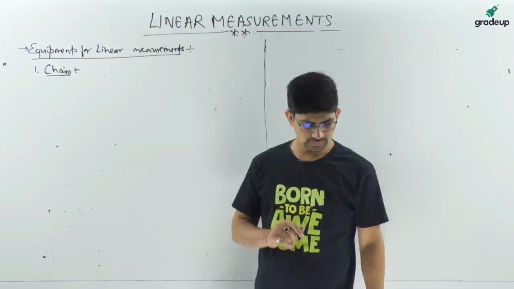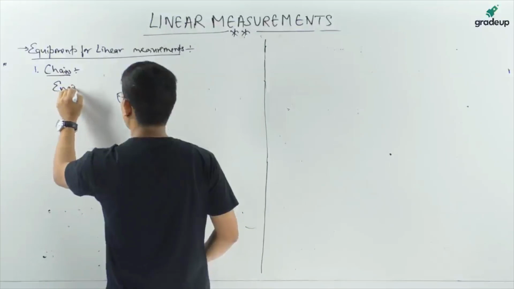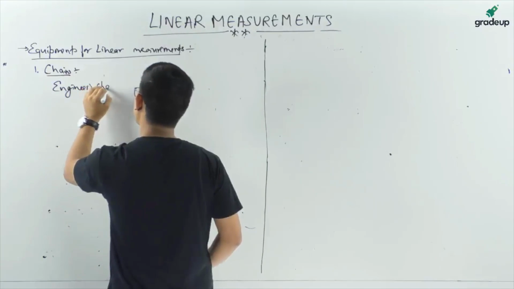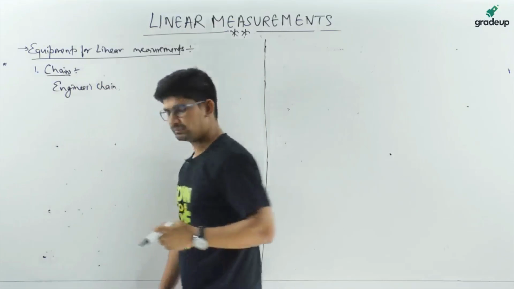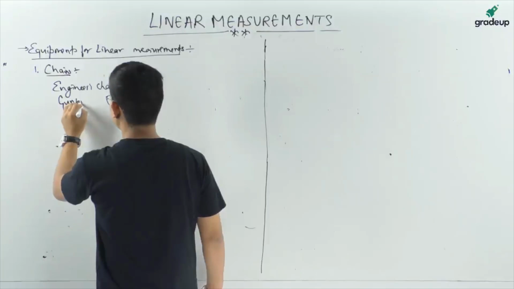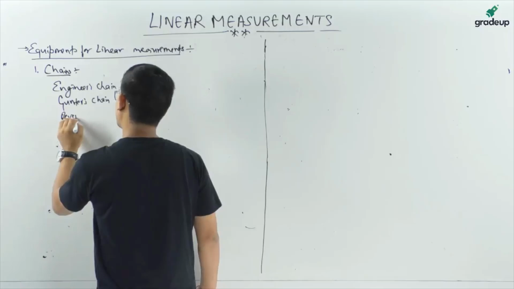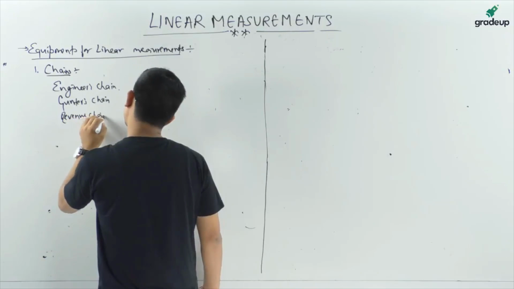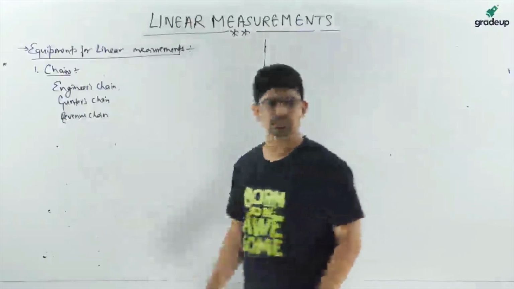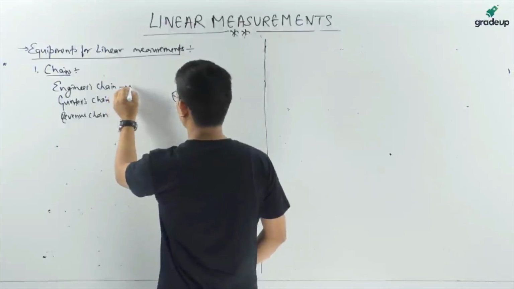Generally three types of chains are there. The first one is the engineer's chain, then there is Gunter's chain, also known as the surveyor's chain, and the third one is the revenue chain. From an objective point of view, you have to remember the length and number of links.